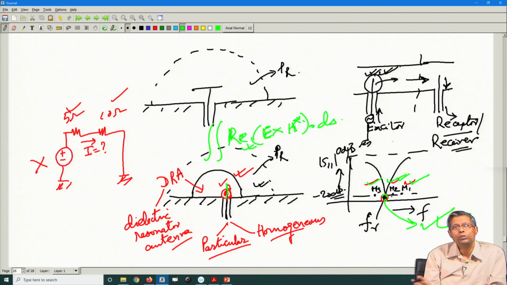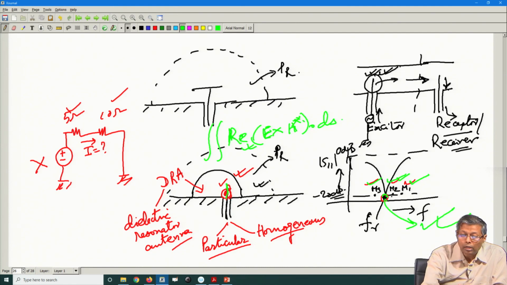All the modes are considered and everything is taken into account. So that way I can have a deeper insight into any given resonance of an antenna.